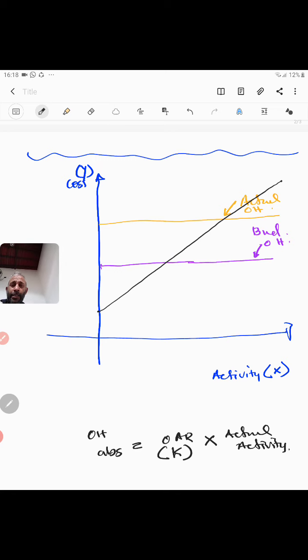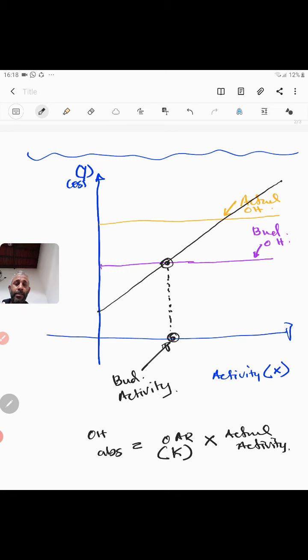Now, if you see at this point, my budgeted overhead is equal to overhead absorbed, where the activity level here will be the budgeted activity.